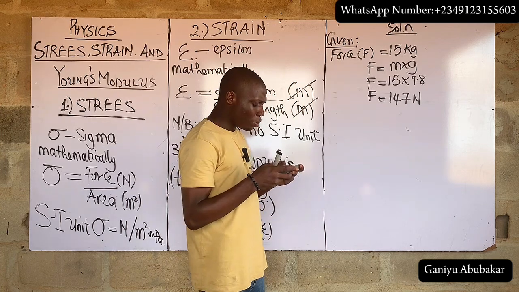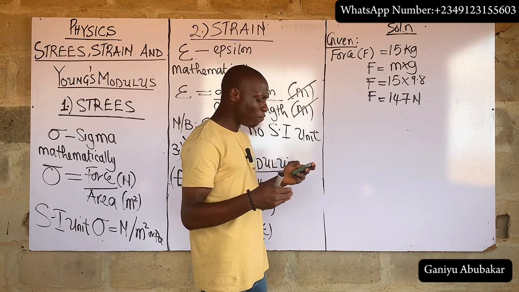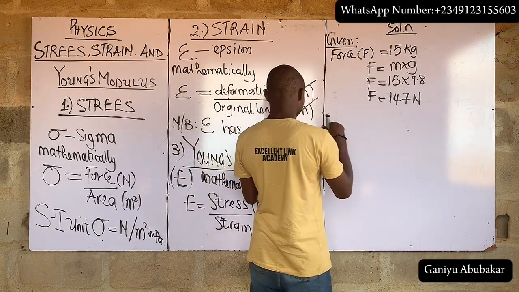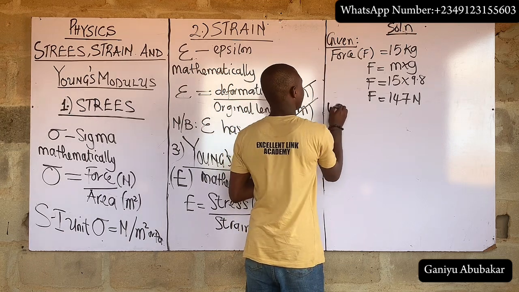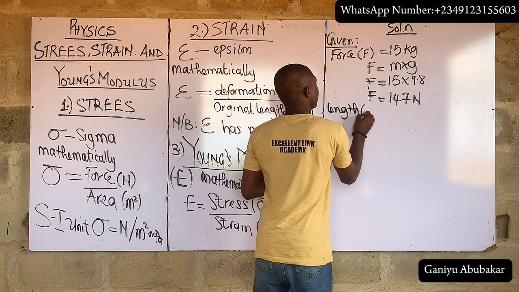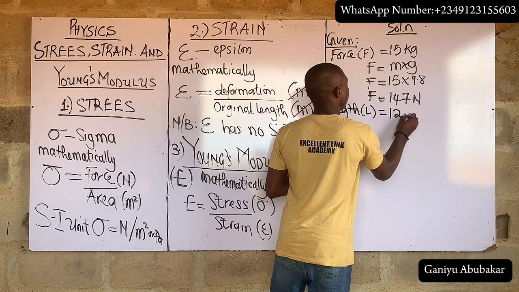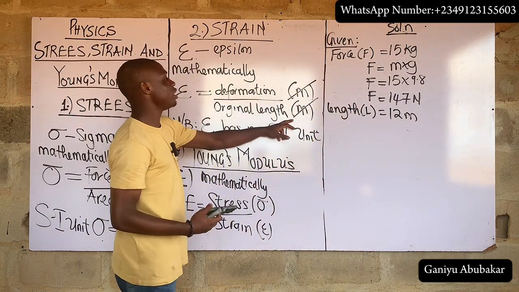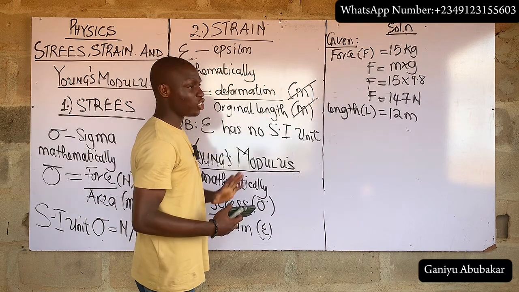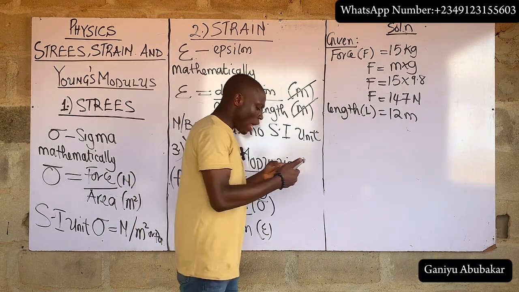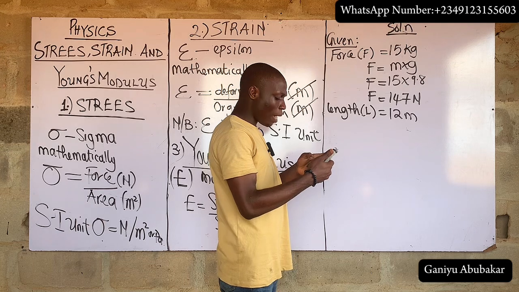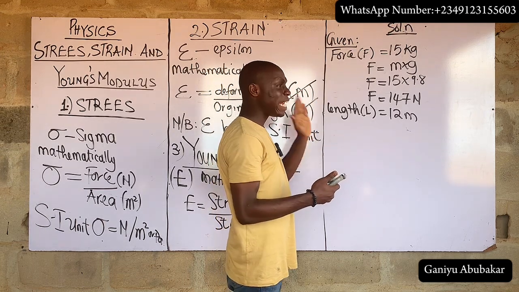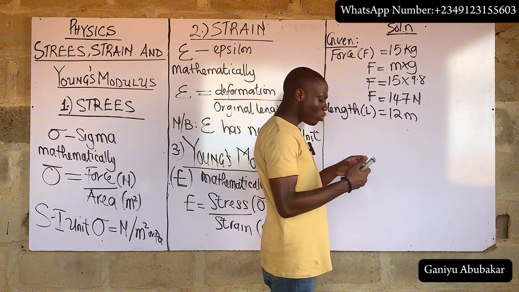All right, let's continue. Extend an elastic material of length 12 meter. So I have my length there, L, that's 12 meters. By the way, our lengths are usually in meters, so I have meter, no conversion. Next up, 12 meter by 12 centimeter. Observe that I'm given the original length as 12 meter, and I'm also given another length.